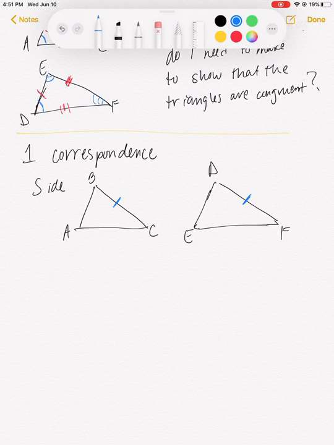Now, if I want to show that that sort of side correspondence is enough to force the other 5 correspondences to be the same, then that means I cannot create another triangle, a counterexample, where I do vary the other parts and the correspondence is maintained.